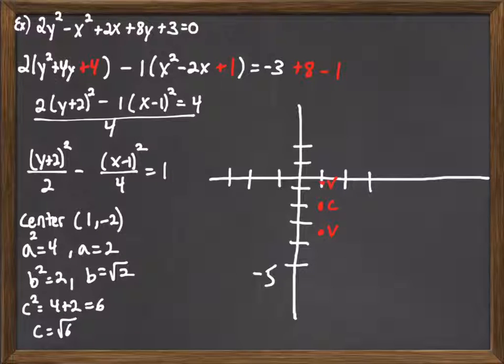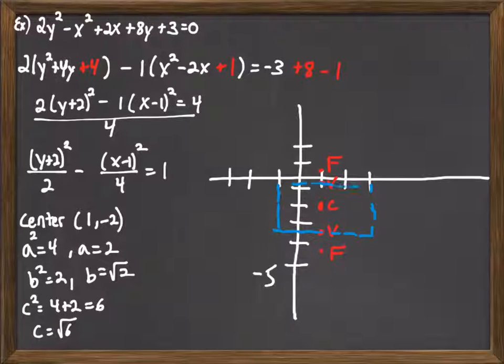Okay, and then my foci were square root of 6 units from the center. Square root of 6 is a 2 point something. So when I draw that, I'm just going to go a little bit more than 2 below and a little bit more than 2 above. Those will give me my foci. And then remember, we use the other dimension, in this case a equals 2, to go 2 units left and right of the center.